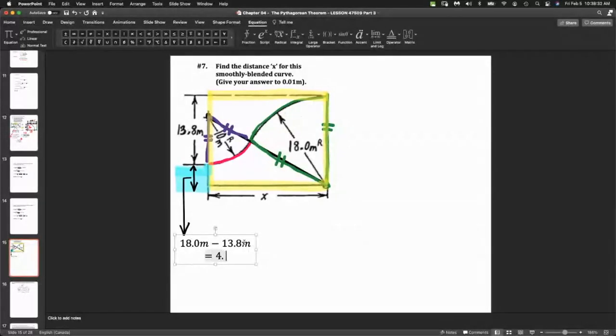When you do that, you get 4.2 meters. If you're wondering where the 18 came from, it came from the difference between the left side and the right side. This overall height is 18, but 13.8 from 18 leaves you with 4.2.